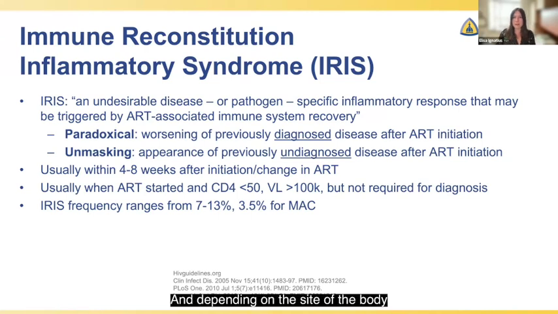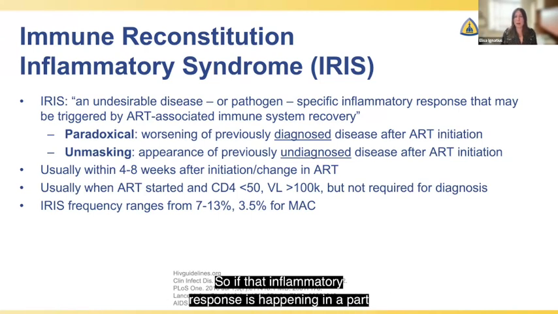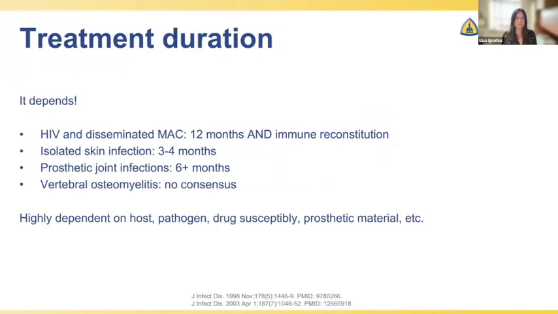Depending on the site of the body where this is happening, it can actually sometimes be dangerous. If that inflammatory response is happening in a part of the body where there's not a lot of room for inflammation to expand, that can sometimes end up compressing some of the structures that are affected. So I just wanted to mention that, mostly for teaching purposes, that this is something more unique to immunosuppressed patients, and something we see more with these extrapulmonary cases.